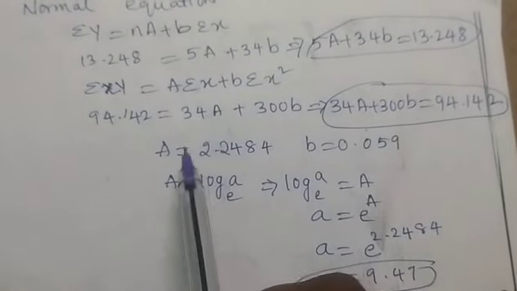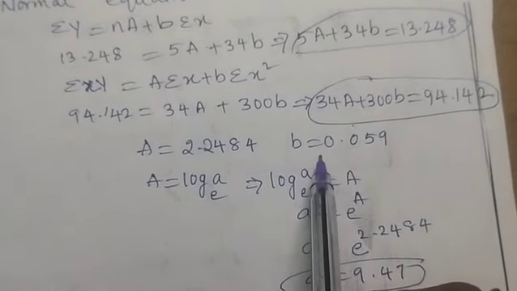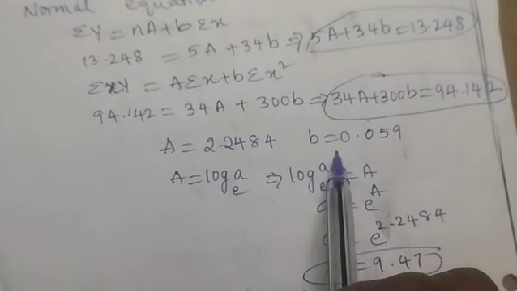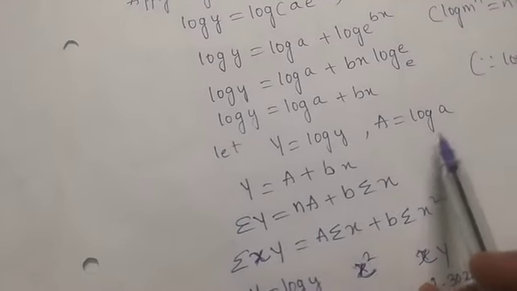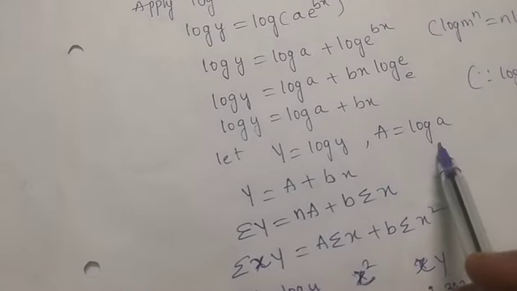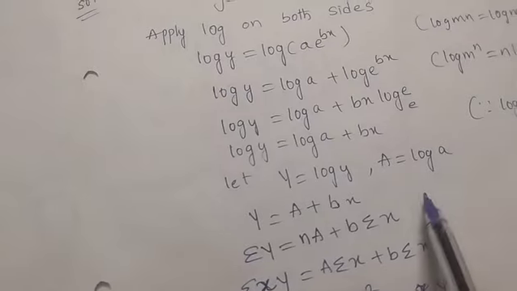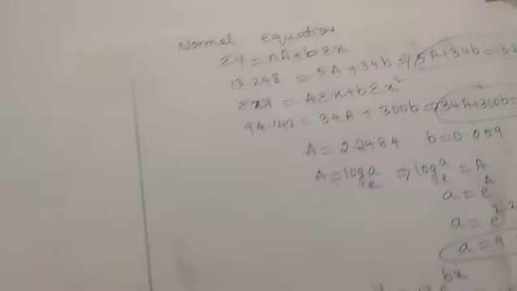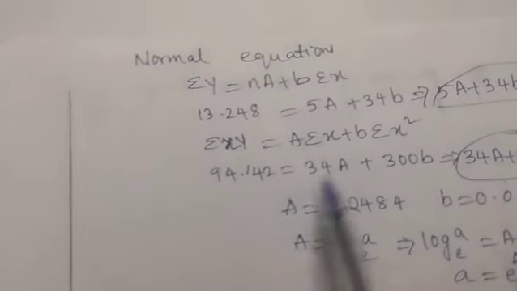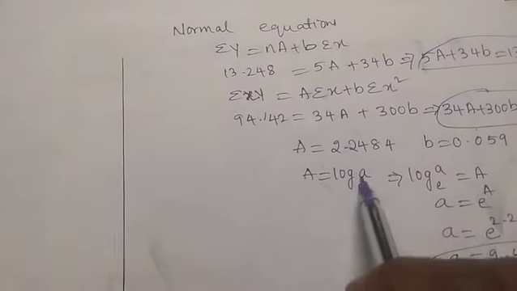That first value is what? Capital A, and the second value is small b. But we require small a. Capital A is nothing but log a base e. We took that capital A equal to log a, nothing but here nothing is there, meaning I took here e, log a base e. Why? Because here e is there, that's why I took base e. Okay, so next, what you got? The formula is log a base e.